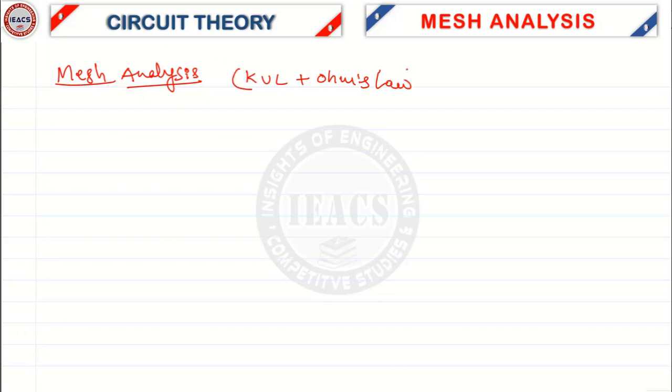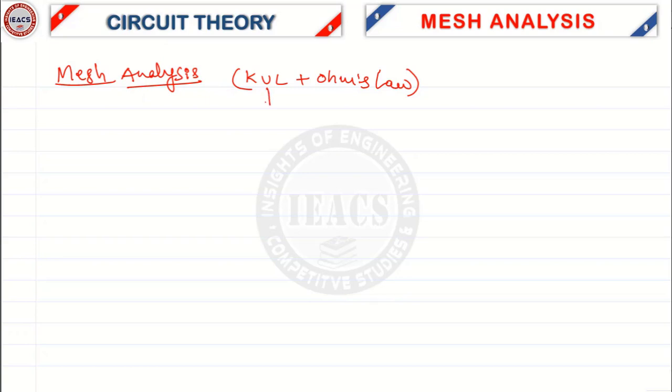So mesh analysis is an application of KVL plus Ohm's law. So if you know how to apply KVL and Ohm's law, the major part of the mesh analysis is over. The remaining thing is about the mathematical calculations involved to get the solution.